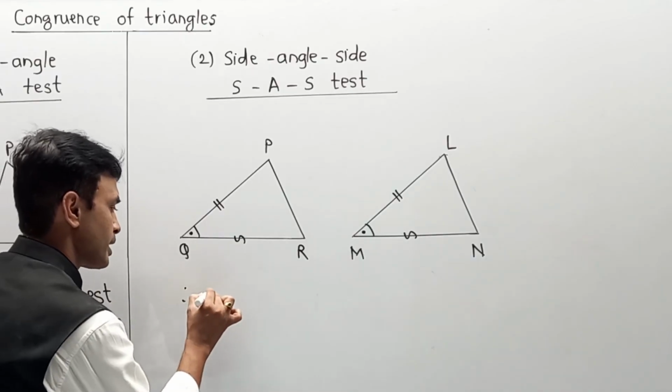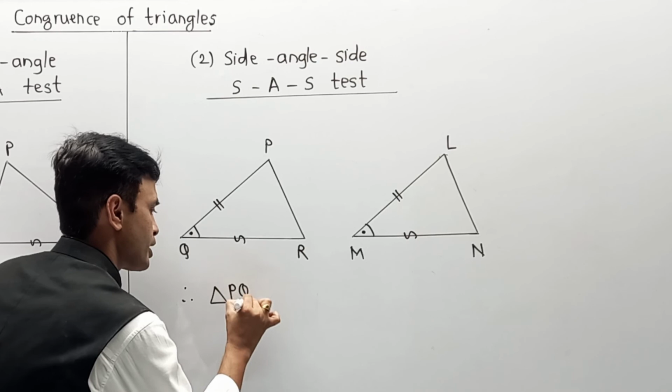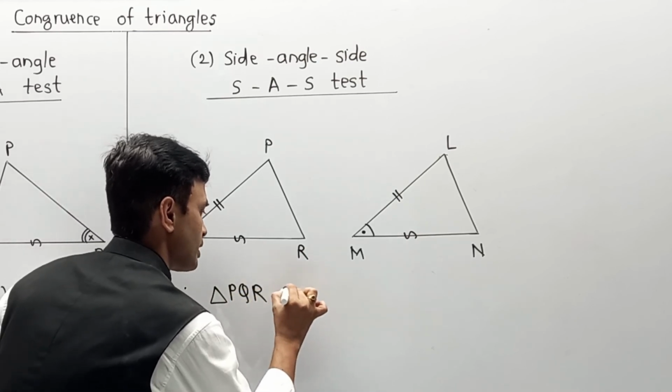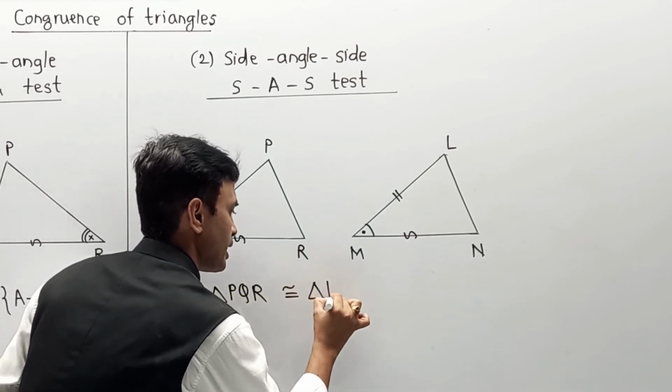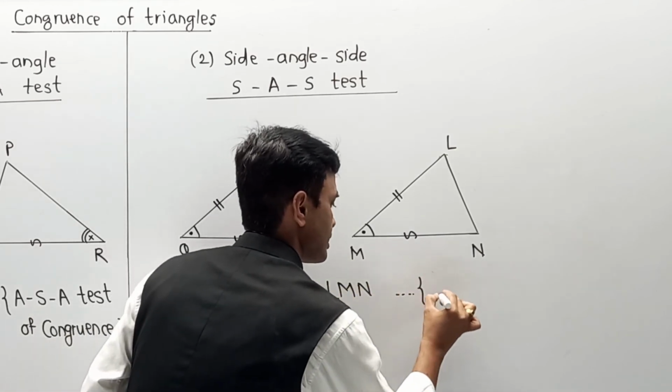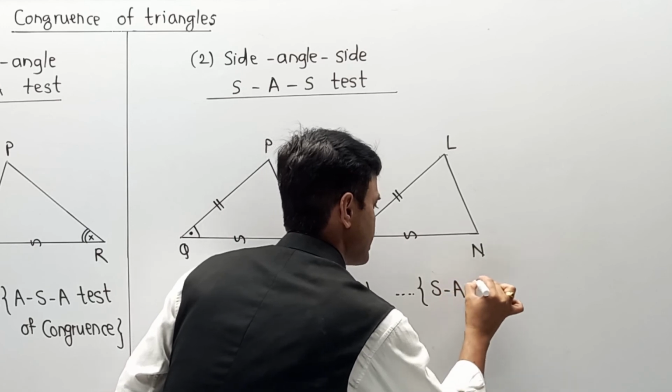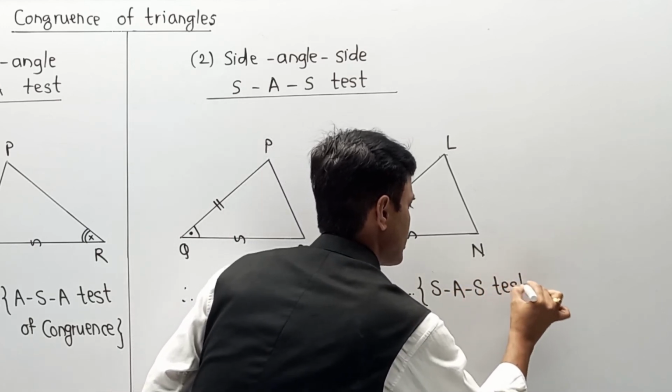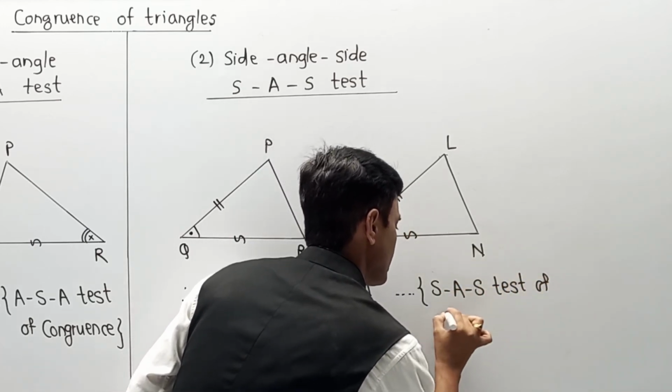Here we can say that triangle PQR is congruent with triangle LMN by the side angle side test of congruence.